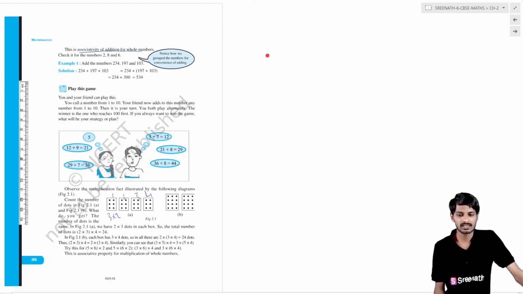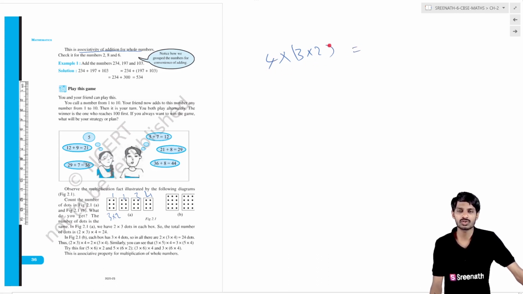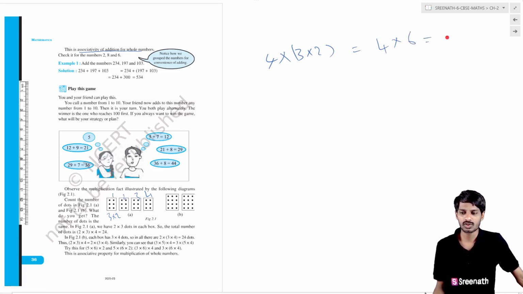So finally what is 4 into 3 into 2? Each brick or each box has 3 columns and 2 rows, and there are 4 boxes. So if you calculate those values, what is the answer? 4 into 3 into 2, that is 4 into 6, which is equal to 24.